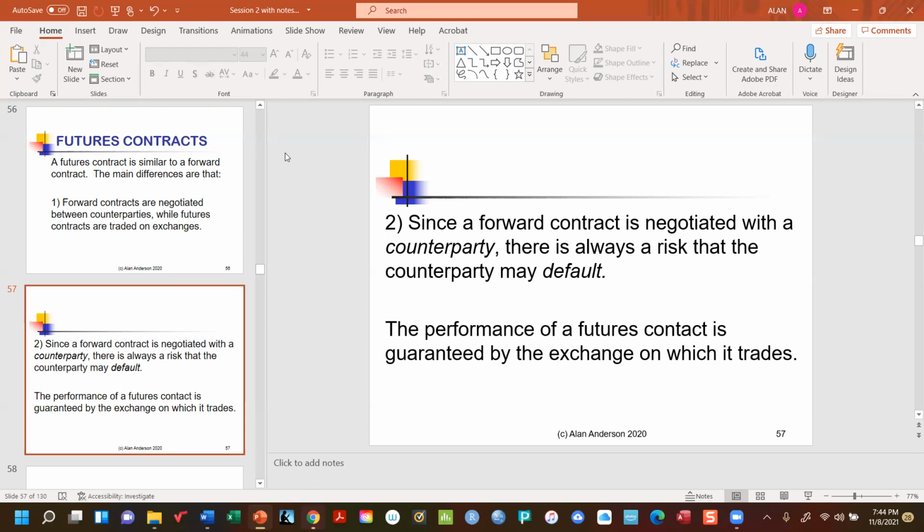So if you had entered into a contract with one of those organizations, most likely you would not have received whatever it is you wanted. So unlike with a forward contract, the performance of a futures contract is guaranteed by the exchange on which it trades. So for all practical purposes, there's no credit risk with a futures contract.